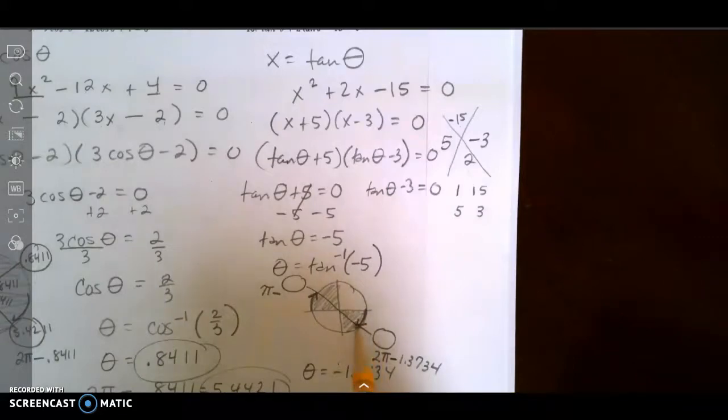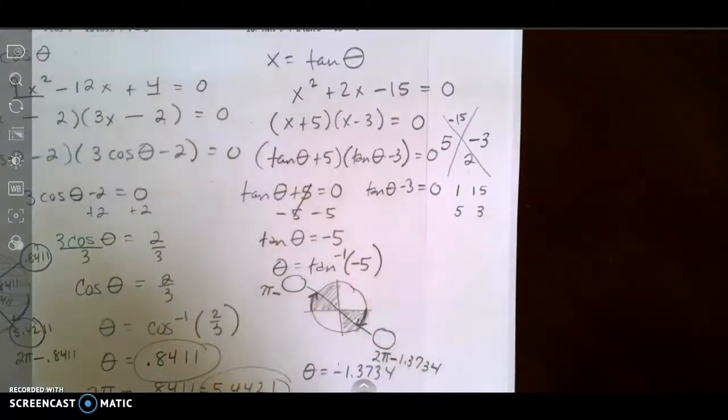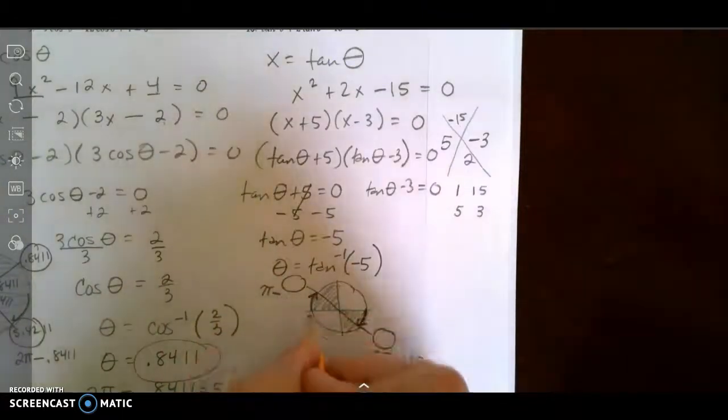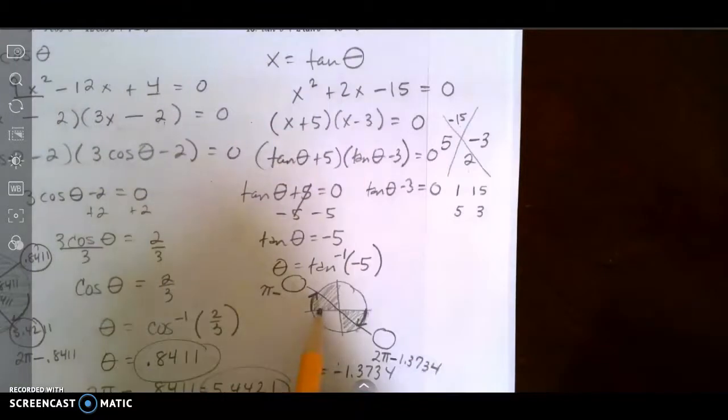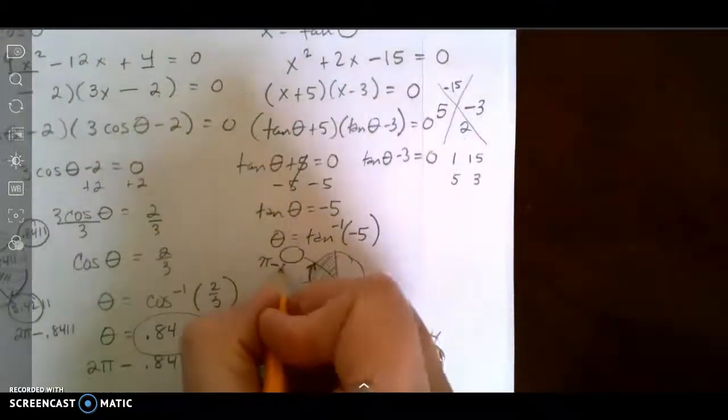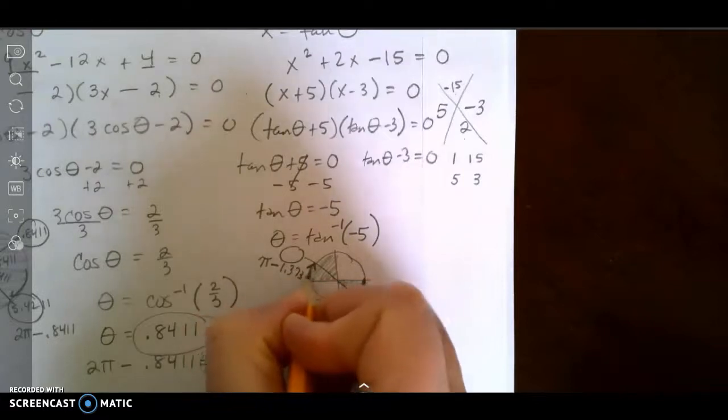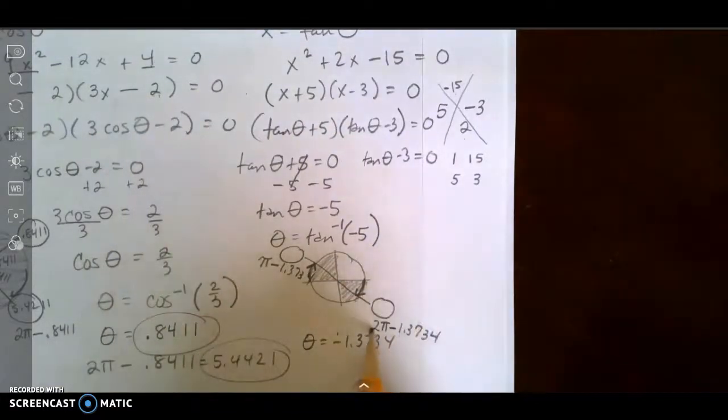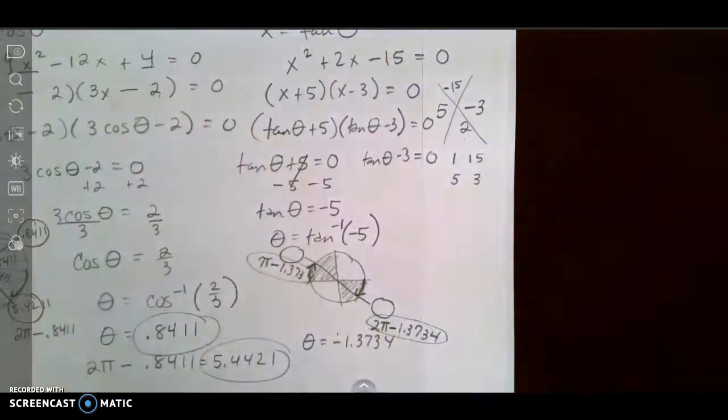Because this angle here is 1.3734, it's 2 pi minus that number. That's going to give me my quadrant 4 answer. And I'm going to go the same direction, 1.3734, this way. And this is going to be one of my answers, and this is going to be my other answer.